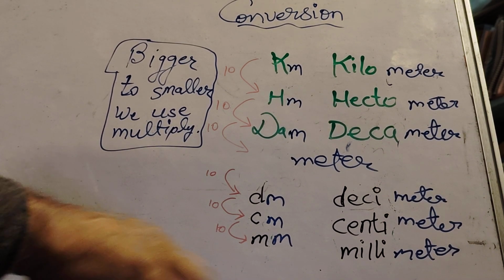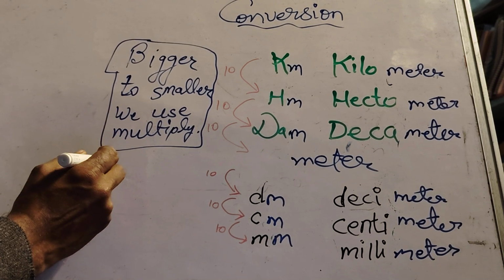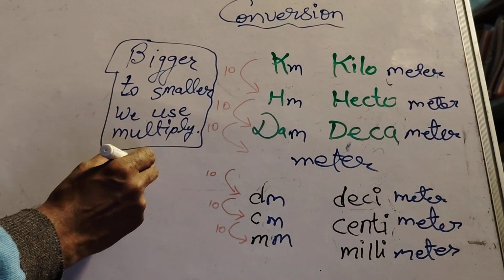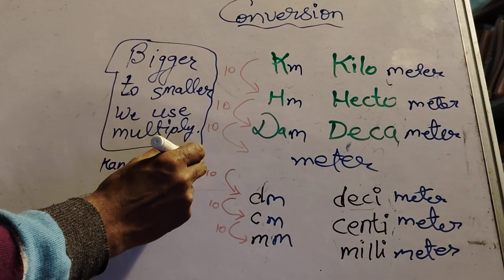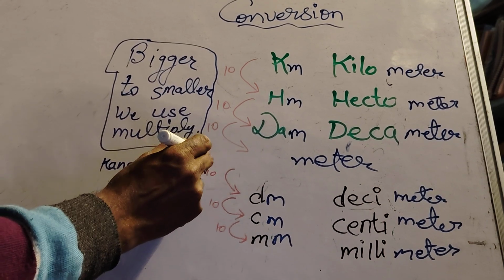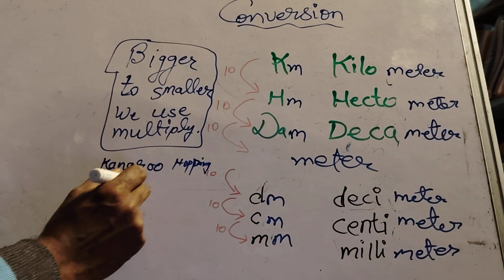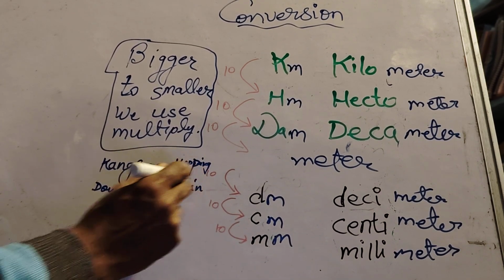So this sentence we use for learning. This is easy for learning the prefixes. The moving of a kangaroo is called hopping. So: kangaroo hopping down mountain, drinking chocolate milk.